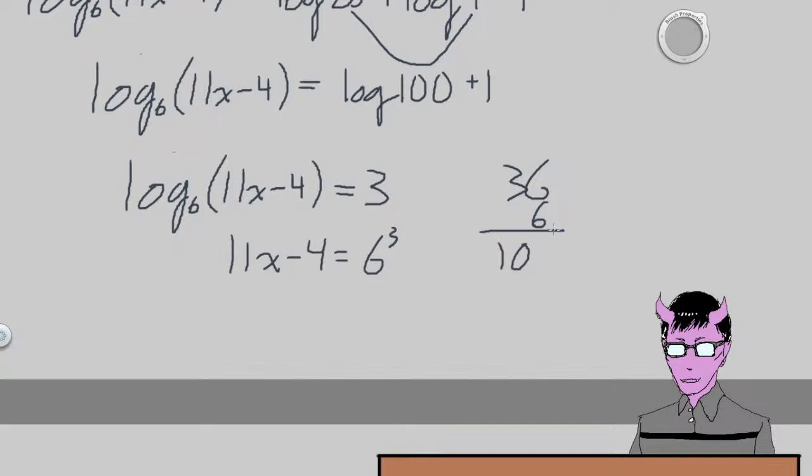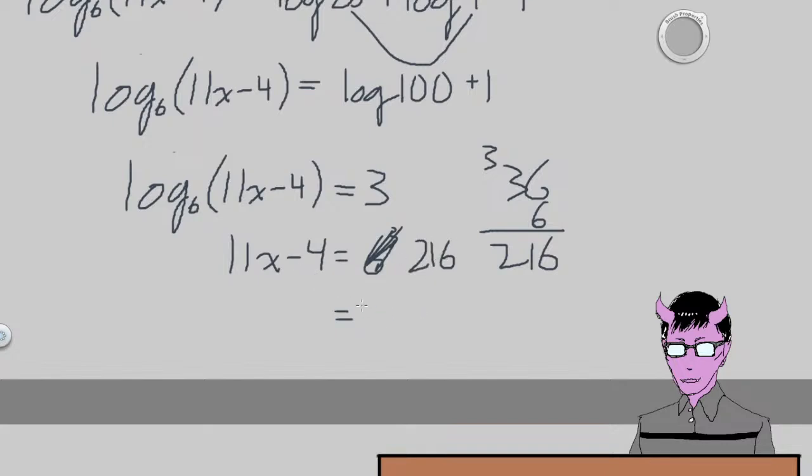No. What am I saying? 90 plus 30 is 120, right? 126. That feels wrong. Maybe I should actually show my work. Hold on. I can't do math right now. So we have 6 times 6, which is 36. And then 6 times 3 is 18. Oh, I was really off. 216. Alright. So that is 216.